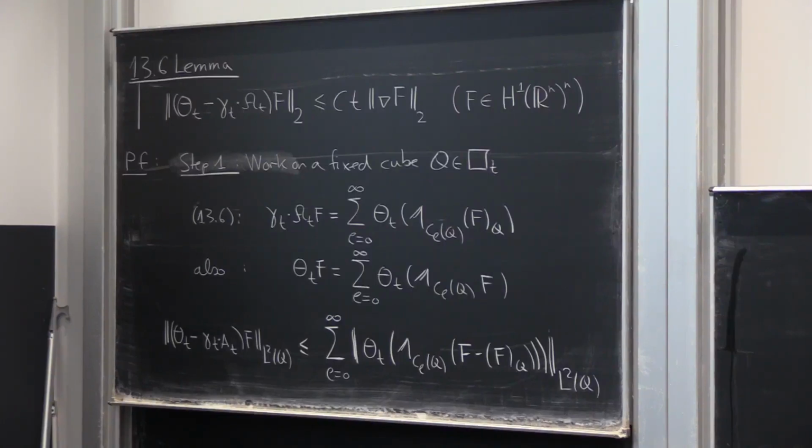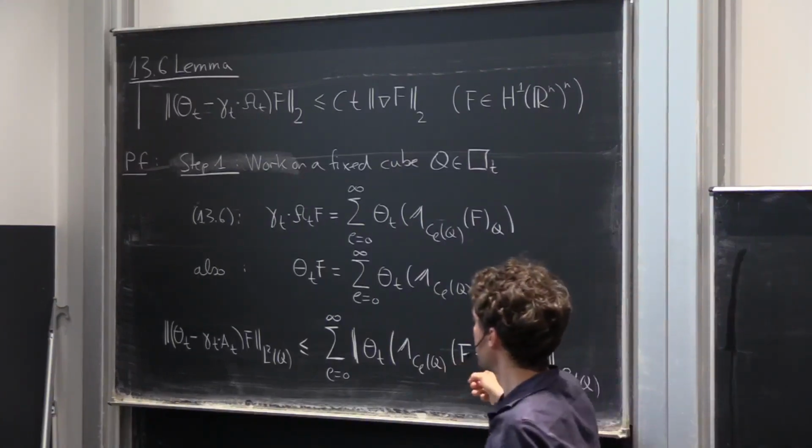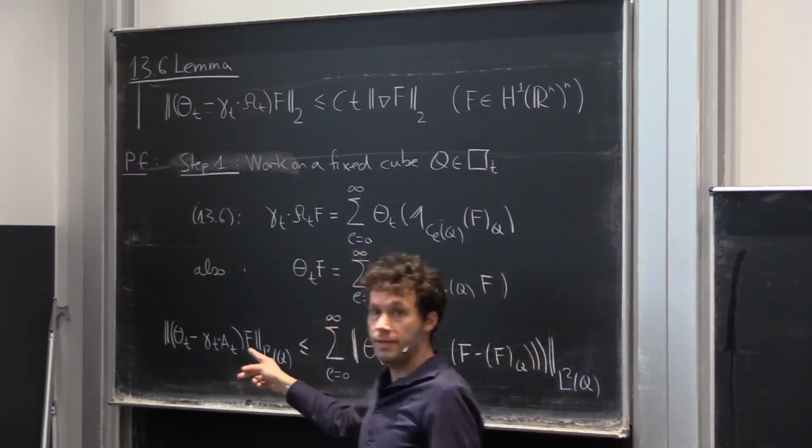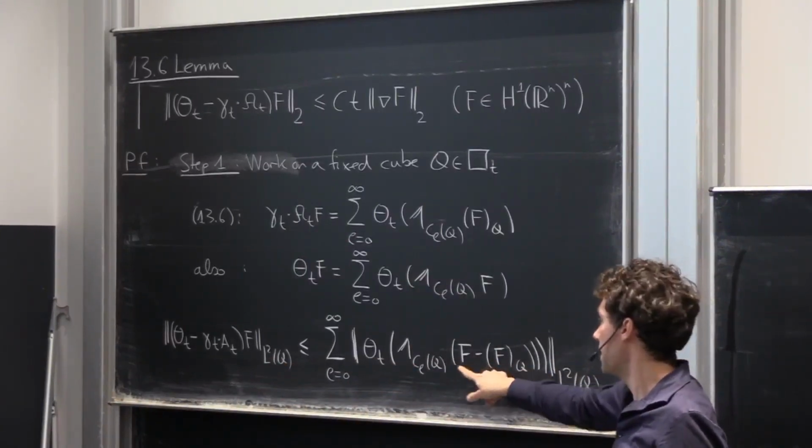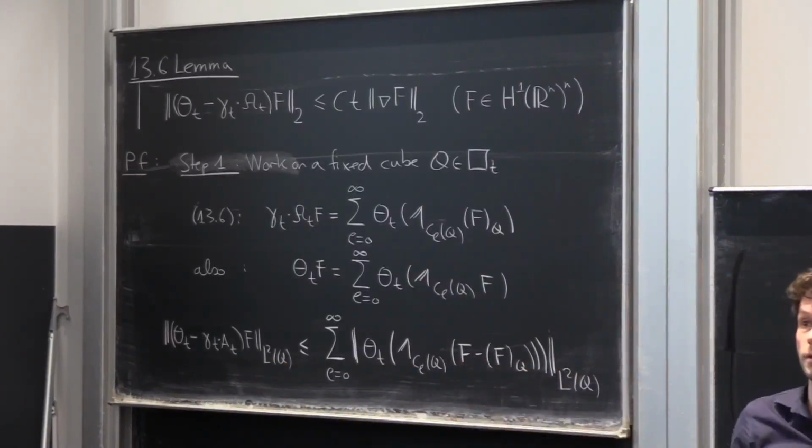And now you get a first feeling of what's going on, because now the comparison on the operator level has all of a sudden moved inside of the operator by comparing f with its average on cubes. So you begin to believe that at least when the cubes are small, that shouldn't be too bad as an approximation.